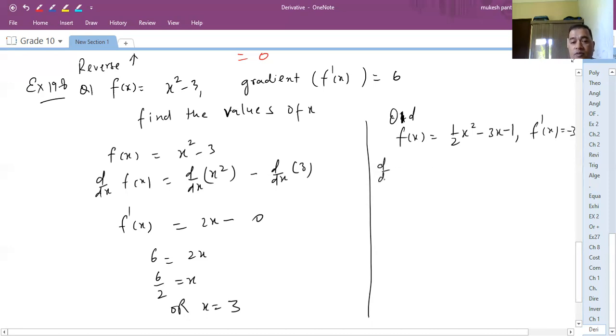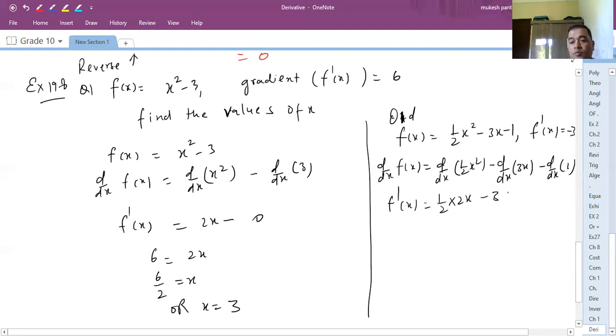So first of all, you differentiate both sides. d over dx of 1 over 2 x square minus d over dx of 3x minus d over dx of 1. So f dash x is 1 over 2 times 2x minus 3 times 1, and this is 0.